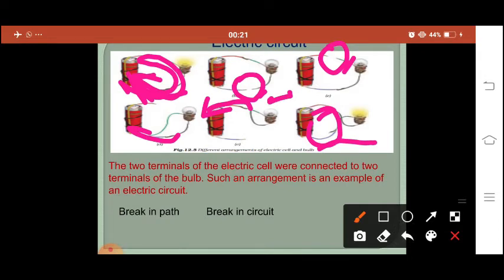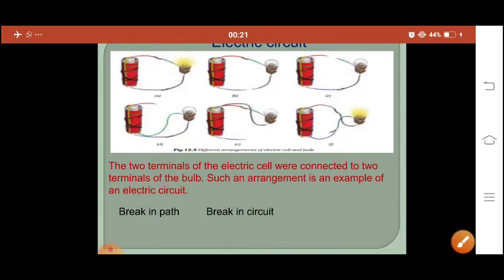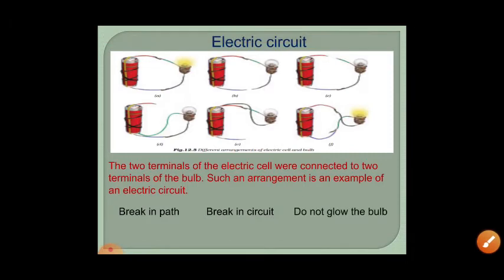That means switch on. Now this is switch off because both the terminals are not connected. So when there is a break in the path or a break in the circuit, the bulb will not glow.